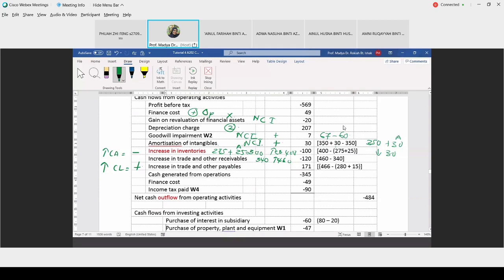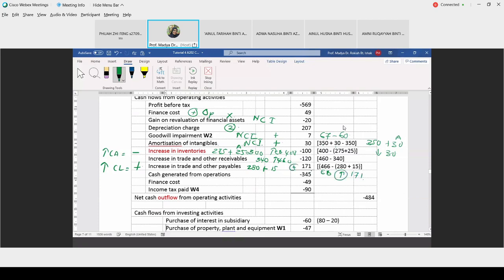Tax payable is related to the income tax, so we just analyze the trade payables. The trade payables beginning balance is 280 plus the amount you have in the new company, Semangat, so you're going to have 295. 295 compared with the ending balance of 466 means that there is an increase by 171. Increase here means that we need to add it. Okay, plus 171.